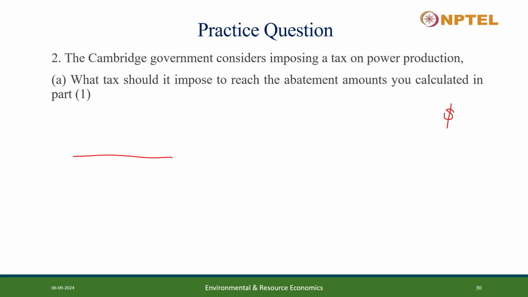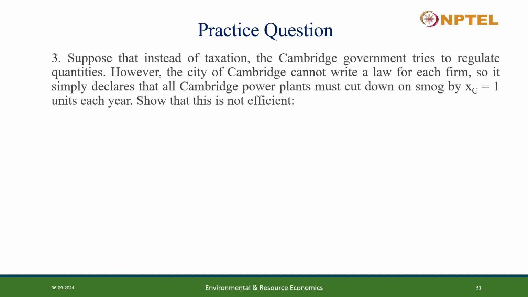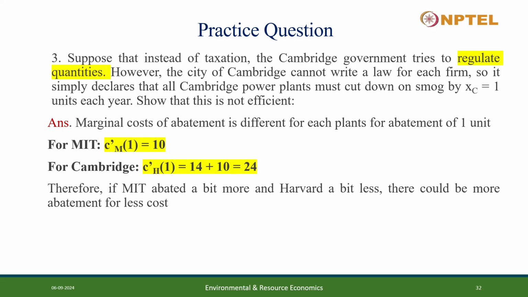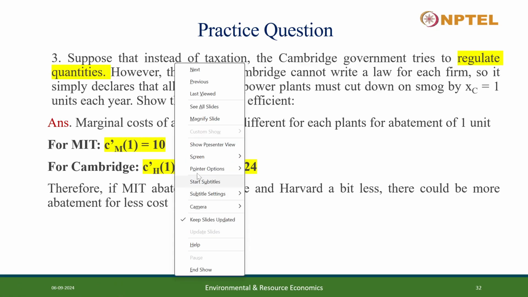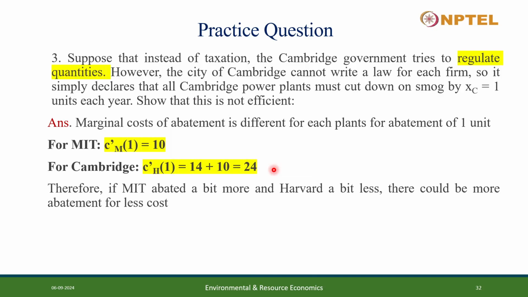So in the first part, we have the emission taxation system, and in the second part we are trying to regulate the quantity, and we have proven that this uniform regulation system is ineffective, because if MIT abated a bit higher and Cambridge a bit lower, then we would have come to the optimum minimum cost and higher abatement, right? So for more abatement at less cost, the uniform standard system is not applicable. That is what we have discussed in the third part of the question.